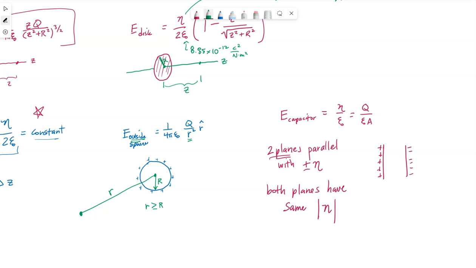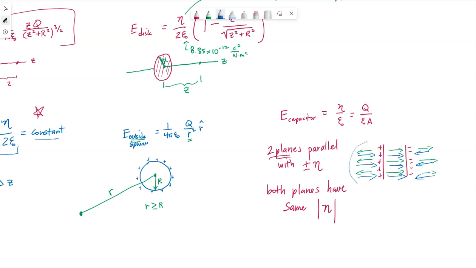Well, the plane on the left is positive, so it's going to create an electric field to the right on its right side, to the left on its left side. I'll draw it over here too. This left plane is negative. That doesn't represent an electric field. I was just pointing to the plane. So electric field lines point towards negative, towards negative, towards negative.